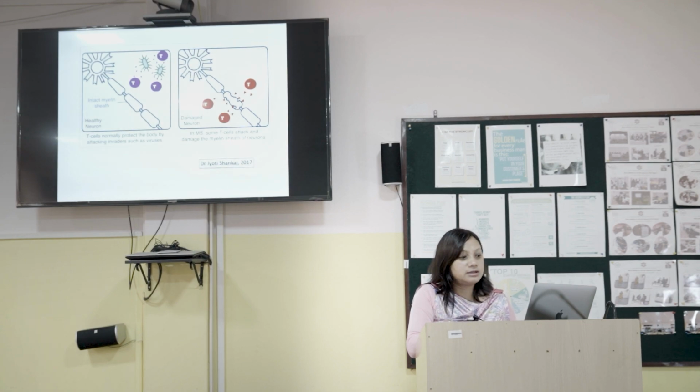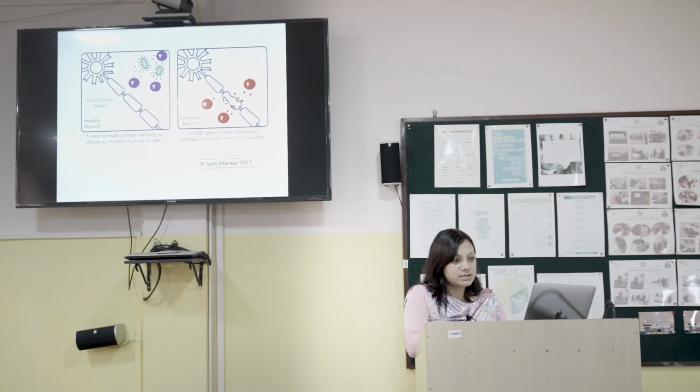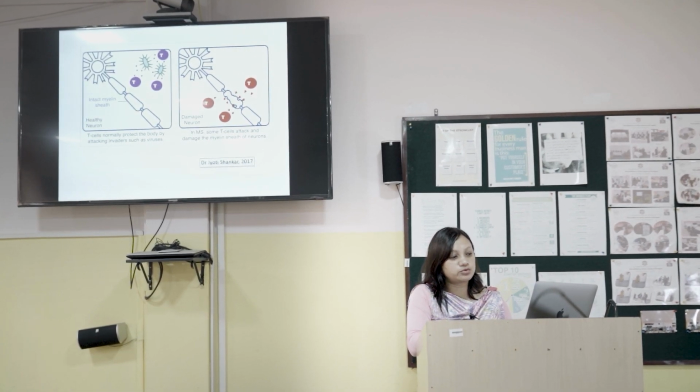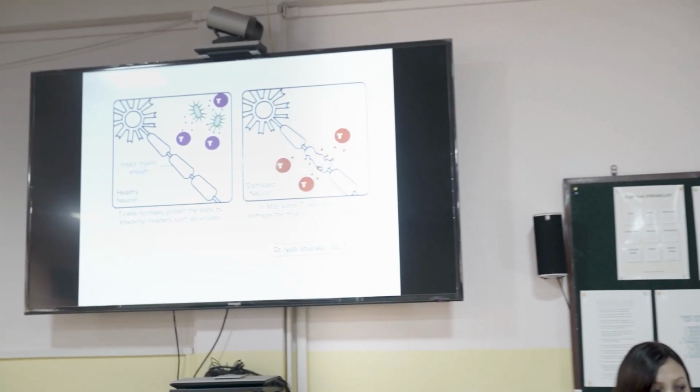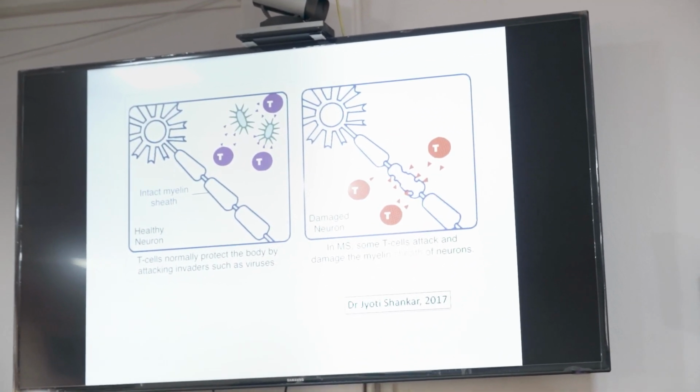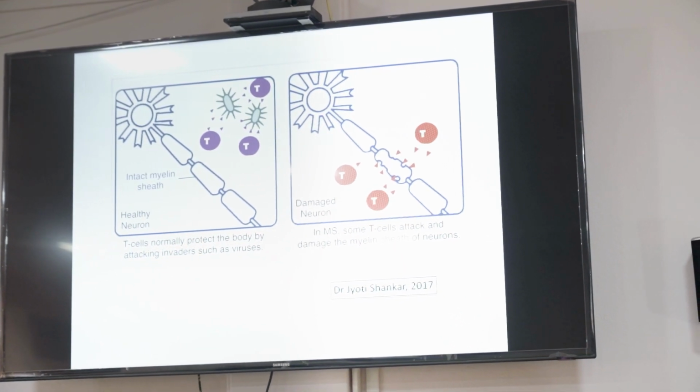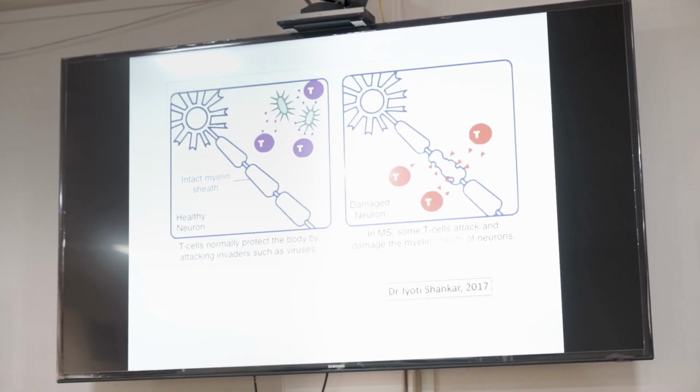This next diagram is a very simple representation, but it speaks a lot. In a normal, healthy individual, the myelin sheath is intact, and when they are exposed to viruses, the immune cells, for example the T cells, act upon these antigens or pathogens and neutralize them.